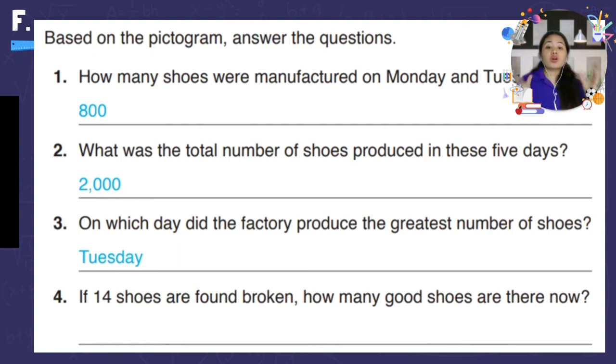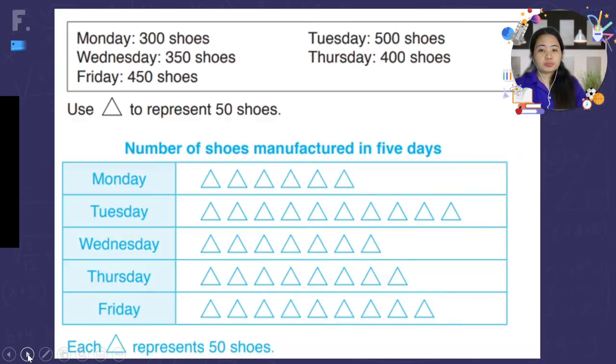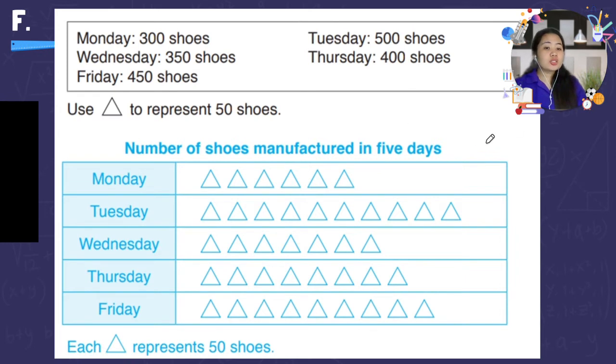So we are talking about everything. So it says we have 2,000, right? So 2,000 minus 14 shoes are broken. So we have to minus. Okay, let's go first at the table. It says 2,000 shoes altogether. Then we have to subtract 14.